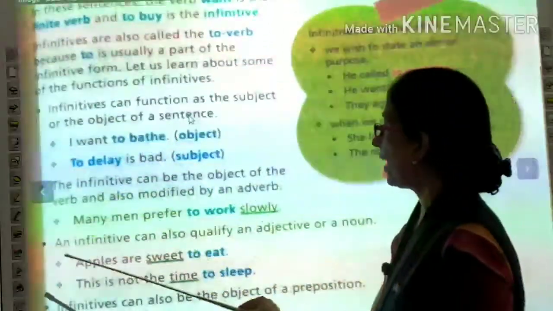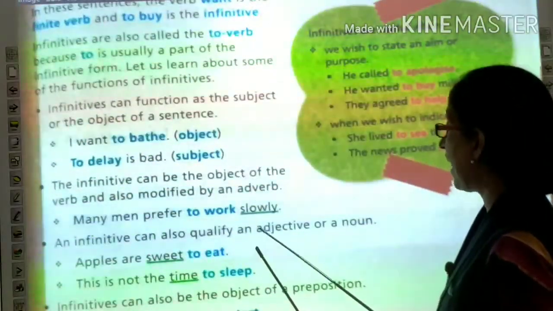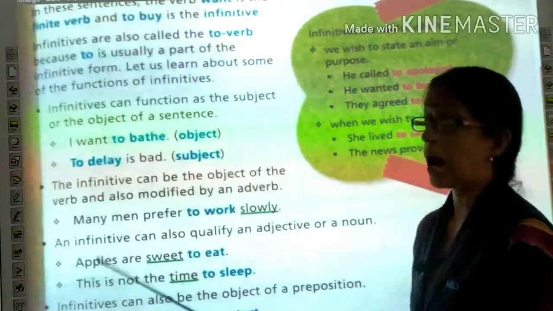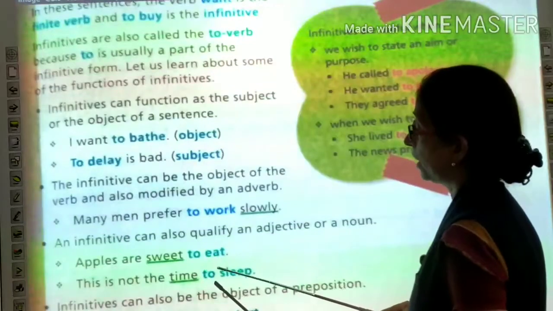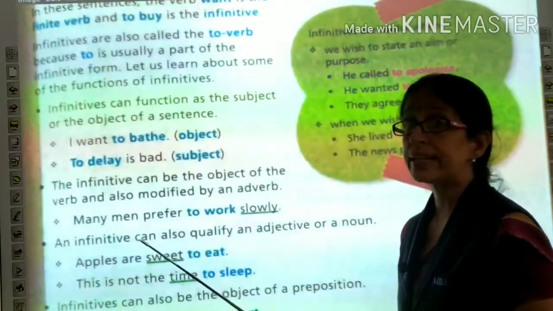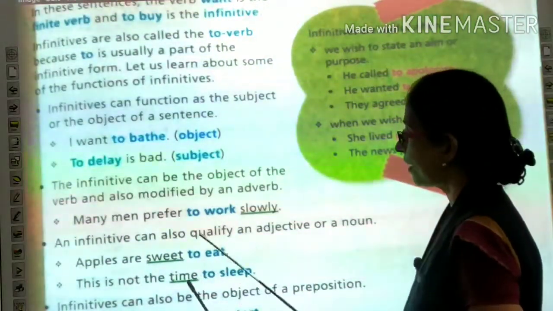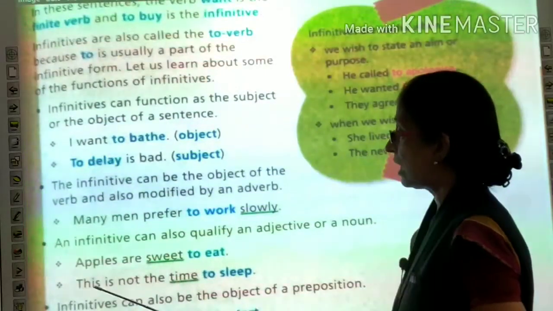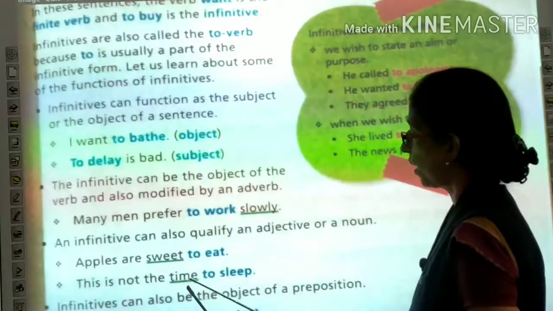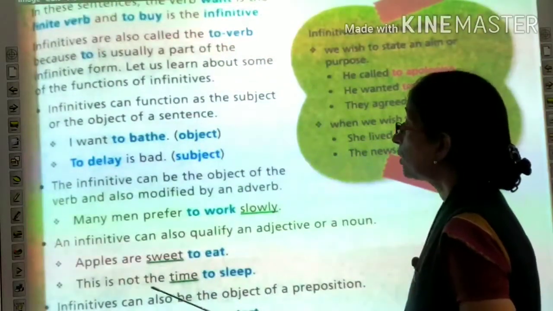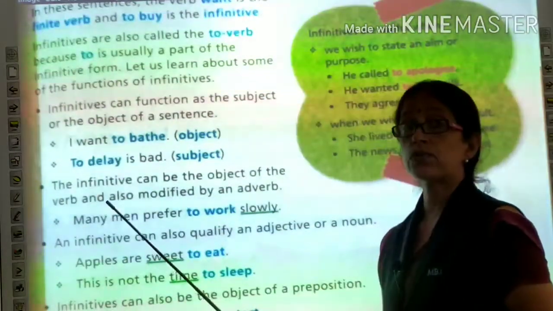Okay. Now an infinitive can also qualify an adjective or a noun. How is it qualifying the adjective? Let's see. Apples are sweet to eat. How are the apples? They are sweet to eat. Now to eat is an infinitive. Here it is showing the adjective. This is not the time to sleep. Again here, it is showing the time, to sleep.